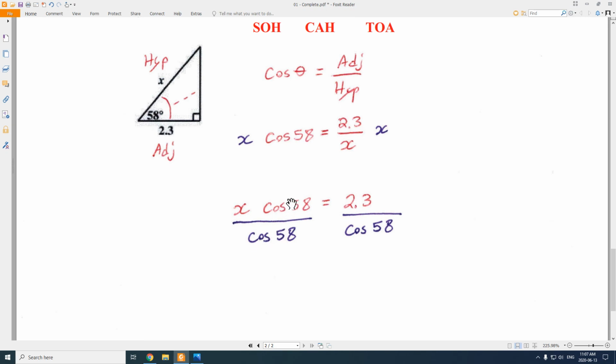Cos 58 cancels out. And I'm left with x equals 2.3 over cos 58. So whenever you get in that situation where x is in the denominator, just start by moving the x over by multiplying, and then that will get it out of the denominator, and then you can just solve for it like normal.